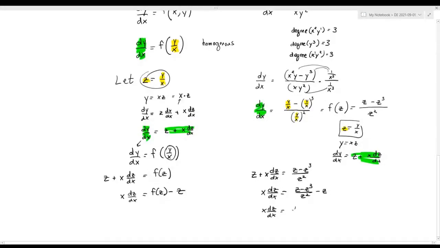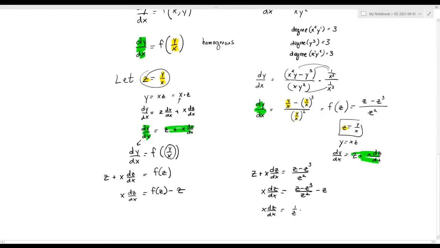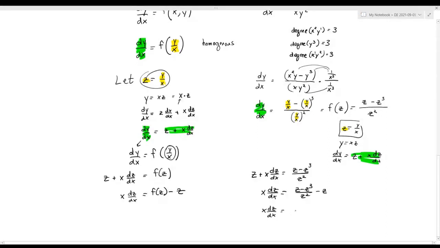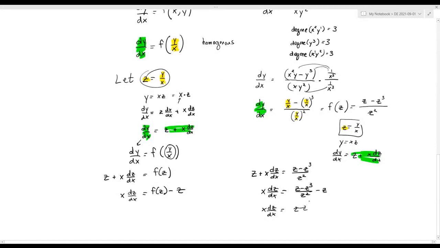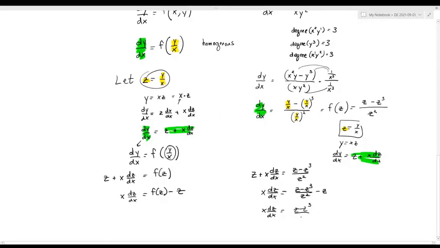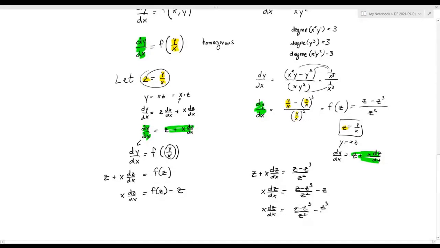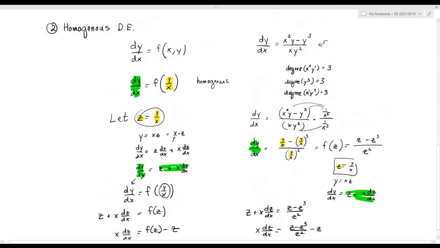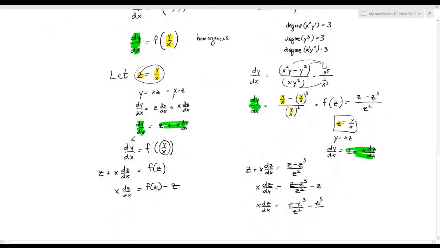So that would be 1 over z. Well, you know what? Let me just combine these. So multiply the top and bottom by z squared.